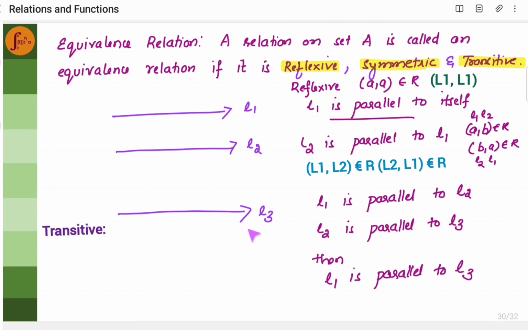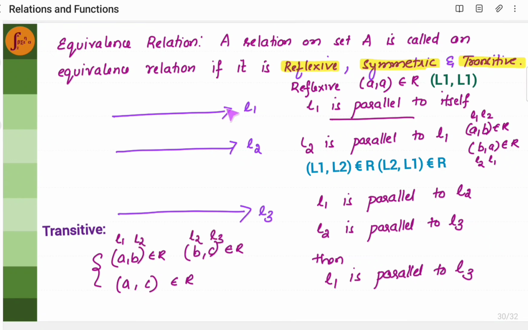Let's go to transitive. What does transitive say? If (A, B) belongs to R and (B, C) belongs to R, then (A, C) should belong to R. Only then we can call this transitive. Now, instead of A, I have L1. Instead of B, I have L2. Instead of C, I have L3. If L1 is parallel to L2, that is (A, B), and L2 is parallel to L3, that is (B, C), can I say L1 is parallel to L3?